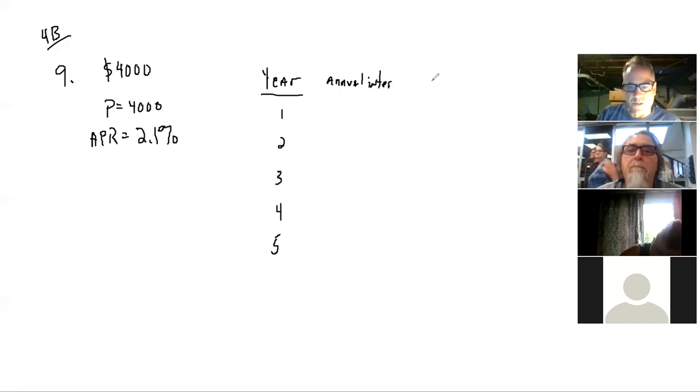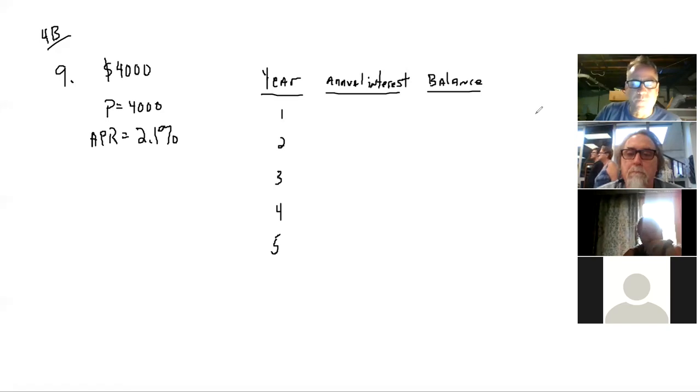And then balance. This is going to be for Suzanne. And again, that was simple interest. I'll just put the word simple here.